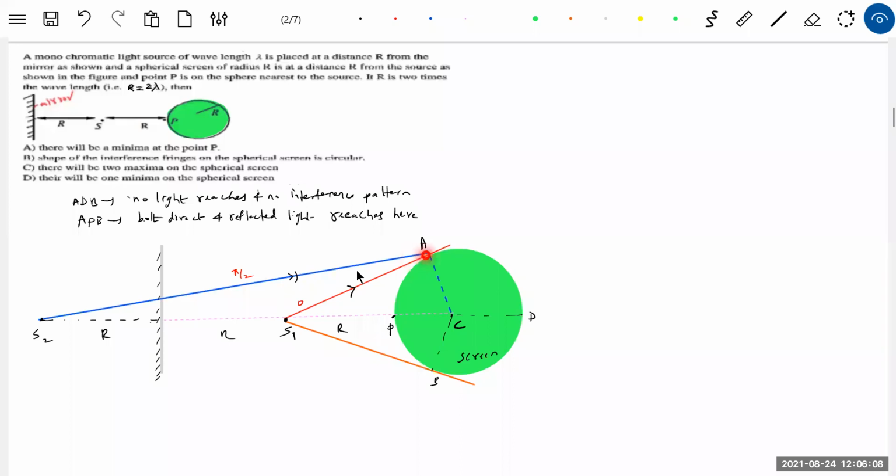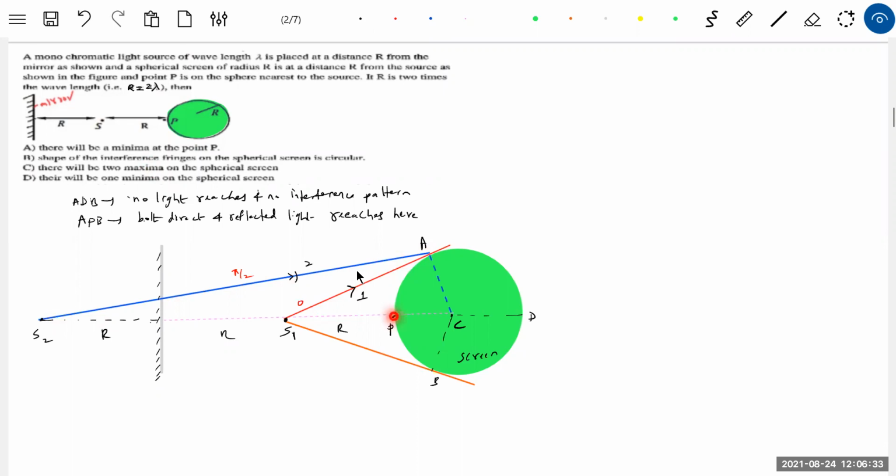So the phase difference will be due to path and also due to reflection. Ray 1 is the direct ray, ray 2 is the reflected ray. As if ray 2 is now coming from here. Can we find this path difference? Yes, from the path difference I can answer these options.